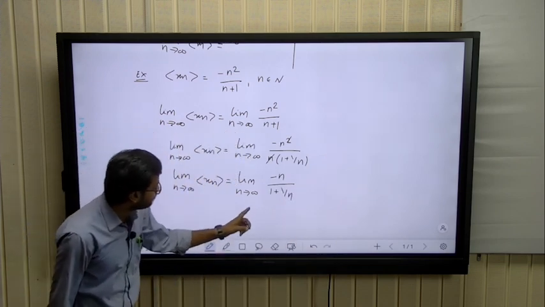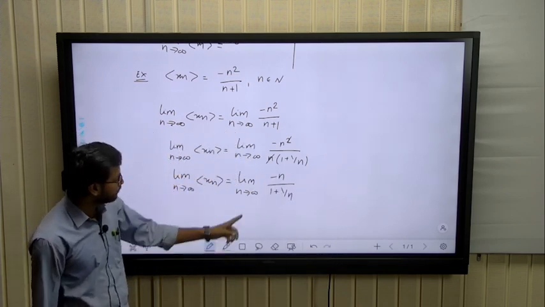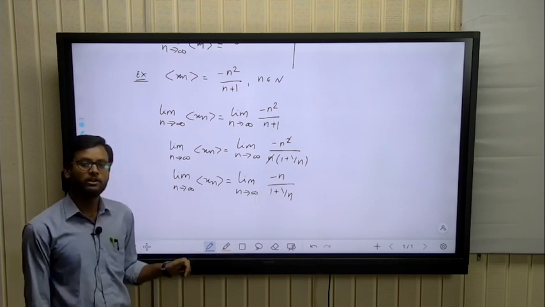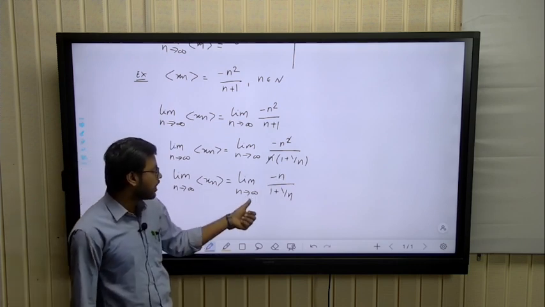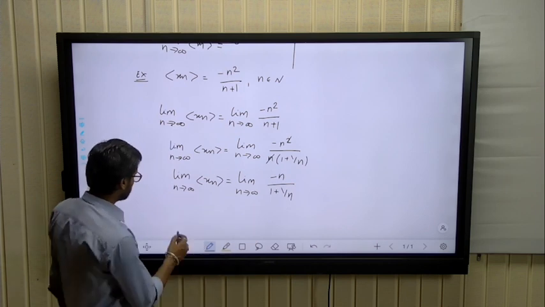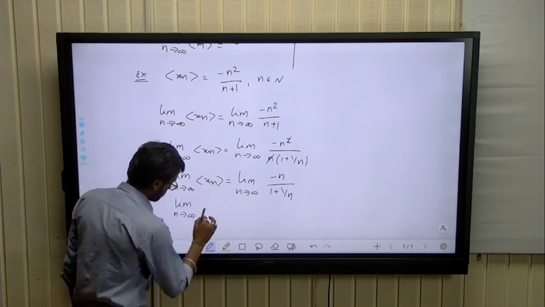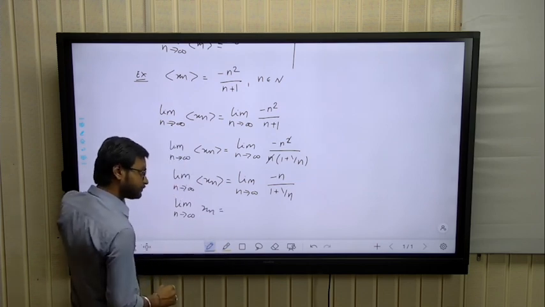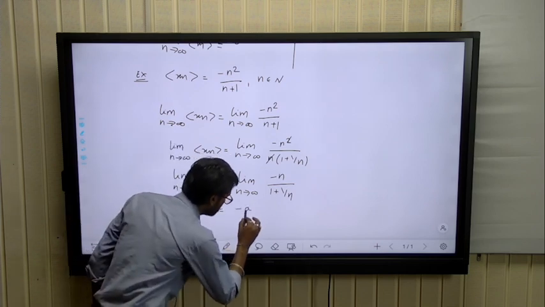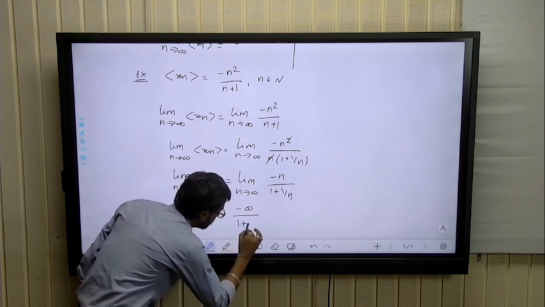Okay, now we put the value of n here. What is the value of n? It is infinity. Then we have minus infinity in the numerator, and 1 upon infinity in the denominator.